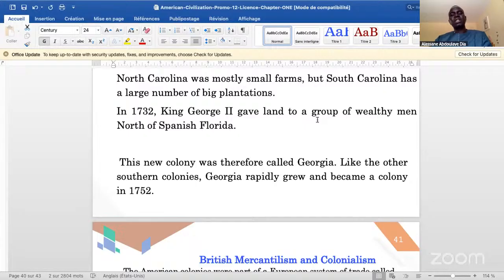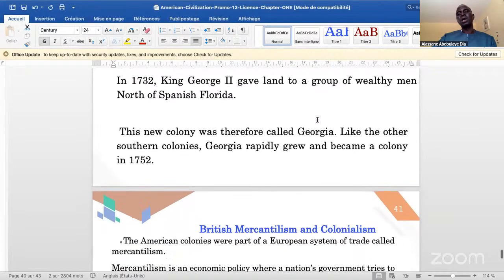So in 1732, King George II gave land to a group of wealthy men of North Spanish Florida. So you see, as I told you, the king had a lot of power.